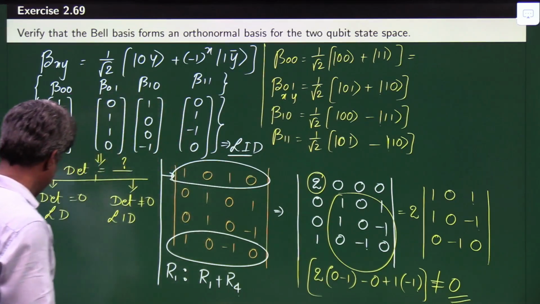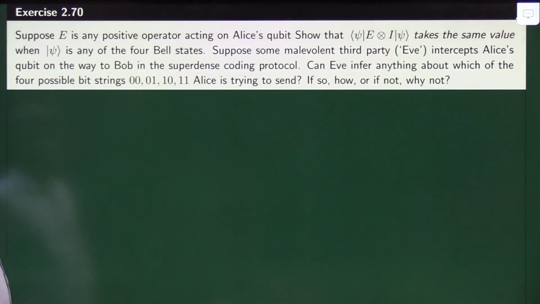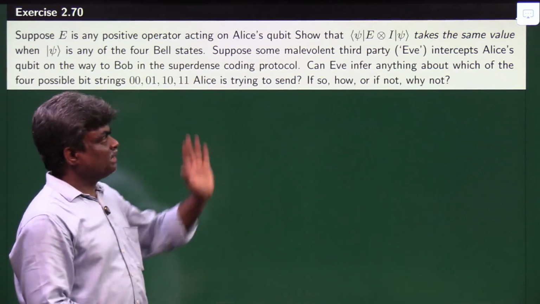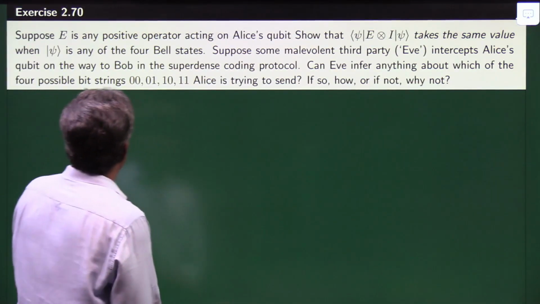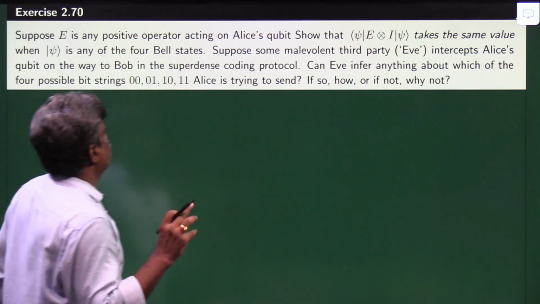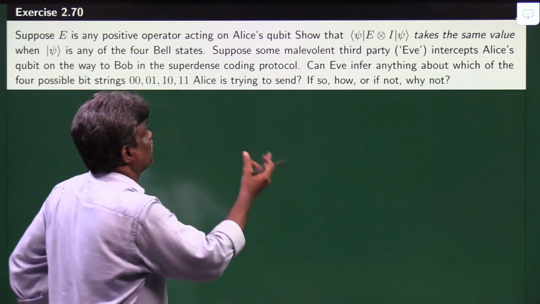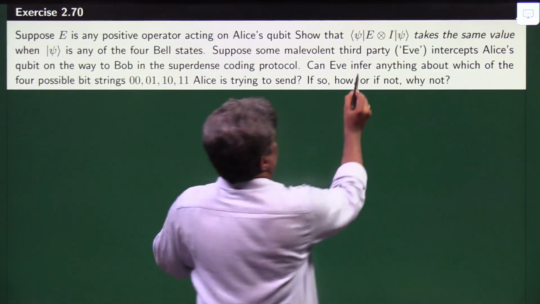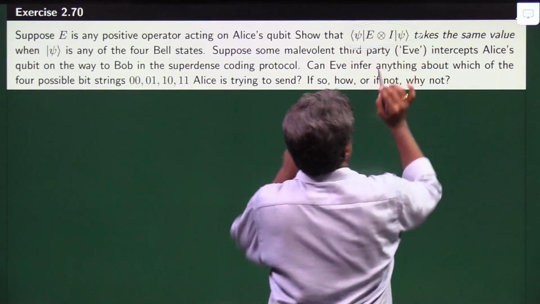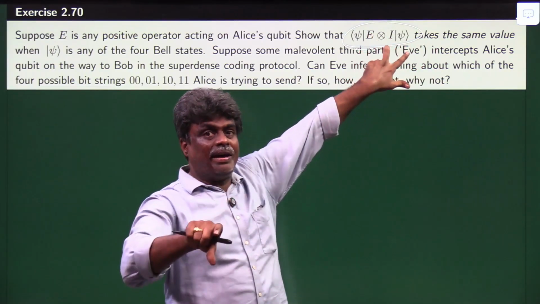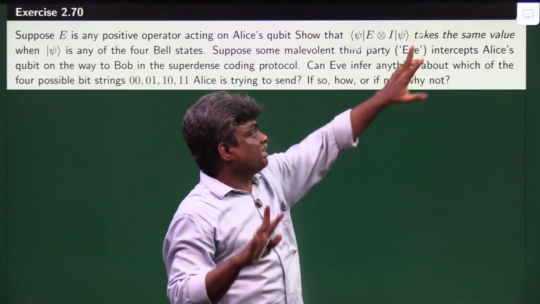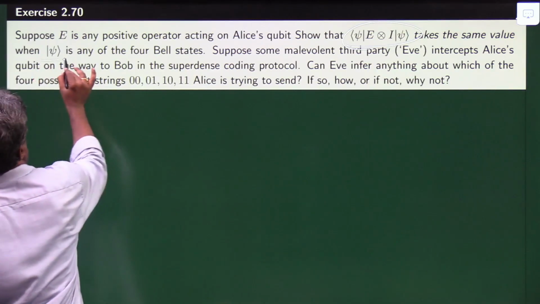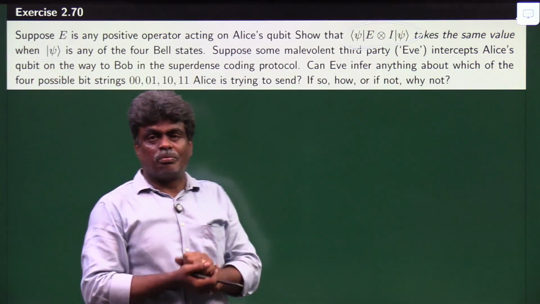So this is our next question, and it is also a very nice question. Here E is any positive operator acting on Alice's qubit, and they are asking us to check whether this will take the same value irrespective of psi, where psi is any one of the four Bell states.